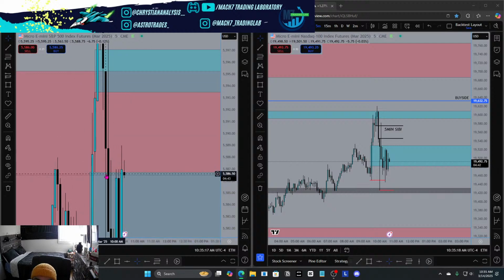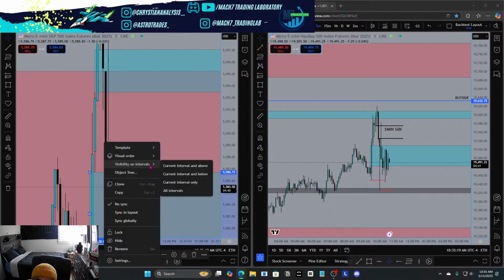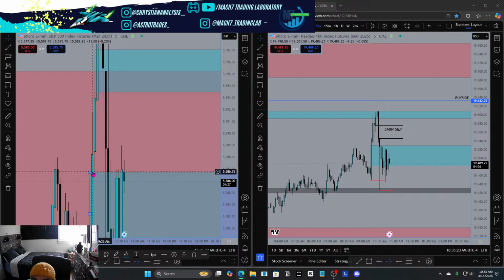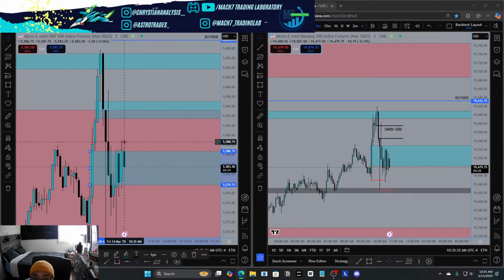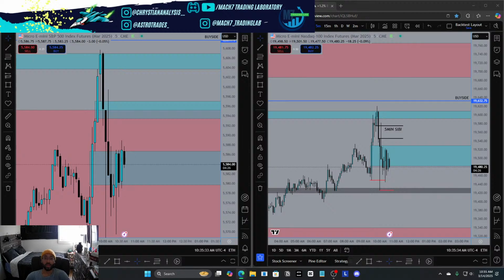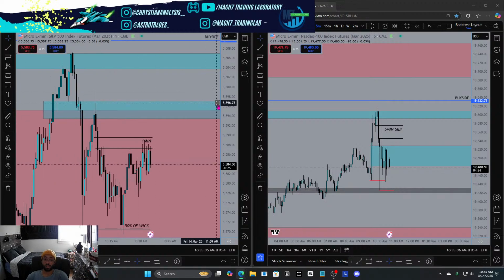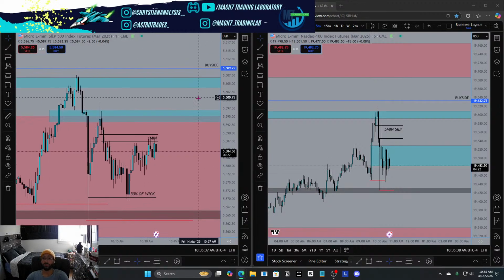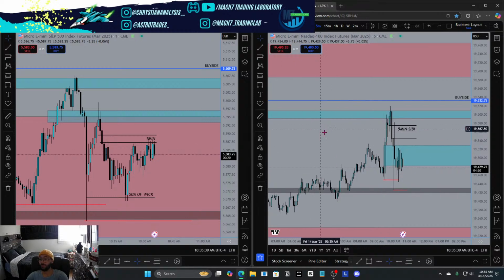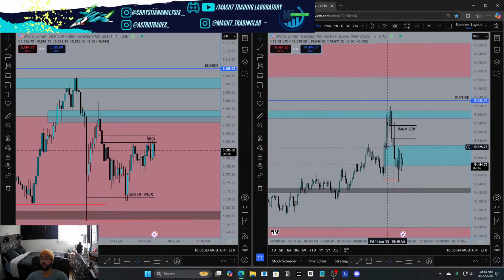I'm just going to have it marked up here. And again, I'm not going to take it out, because usually I'll have it framed all the way up to this small volume imbalance on the 5 minute. But just to have less makeup on the charts, we're not going to do that. You're just going to have it already shown on the 5 minute. But it's currently still being respected for NQ.